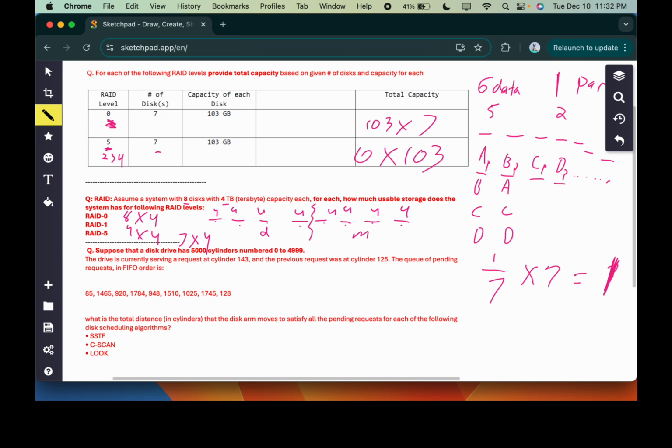There would be 7 usable disks, and RAID 6 would be 2 parities. So there would be 8 minus 2 is 6 usable disks for RAID 6. And that would be it for that one.